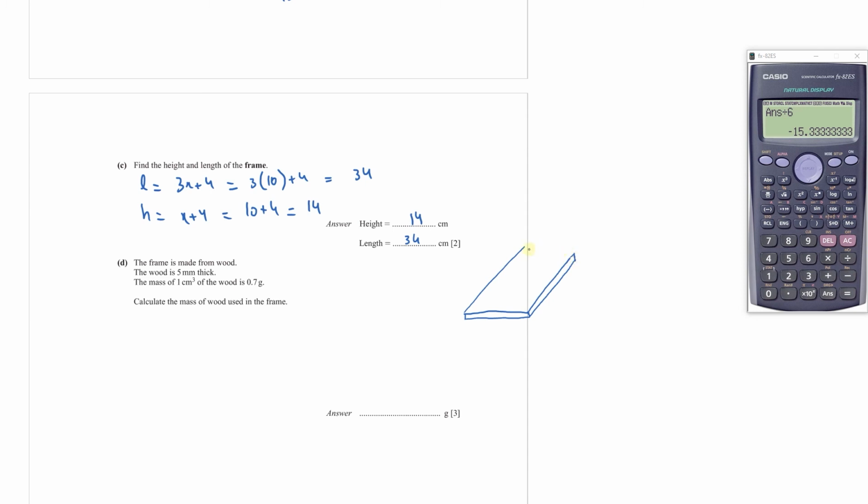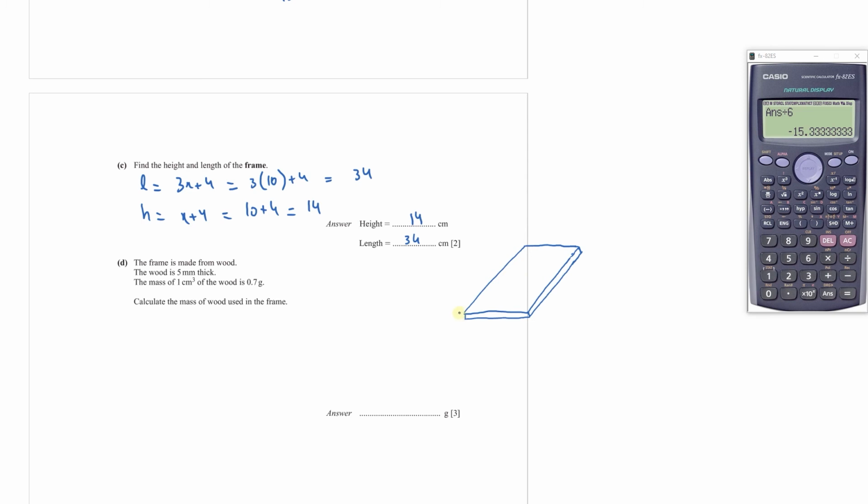So this is your, let me draw this. So this is your frame.